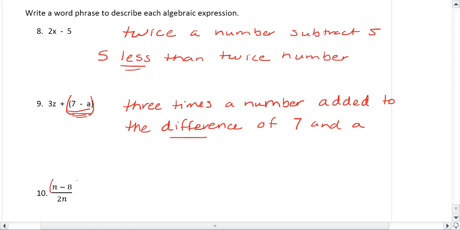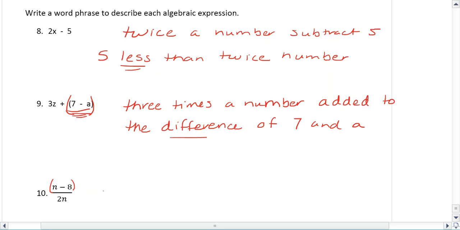And then our last example, again, we have to protect this numerator. You can't just say n, a number, subtract 8 divided by twice n, because then it would sound like you're dividing just the 8 by the twice n. So you have to make sure you have phrased it so that this numerator stays together.